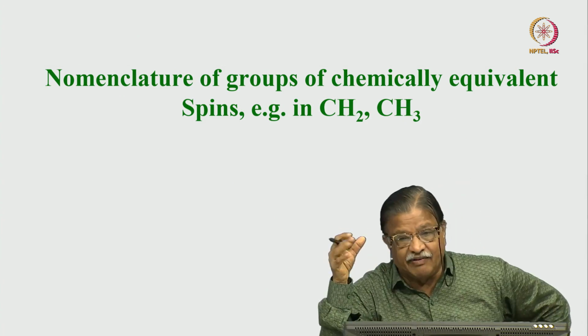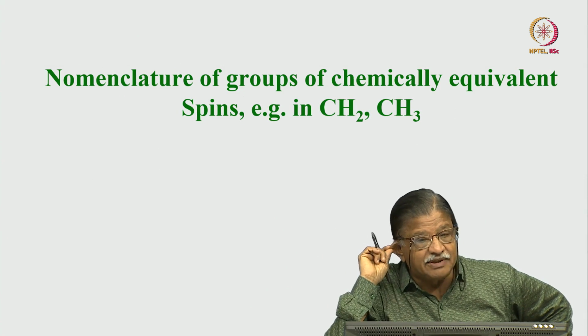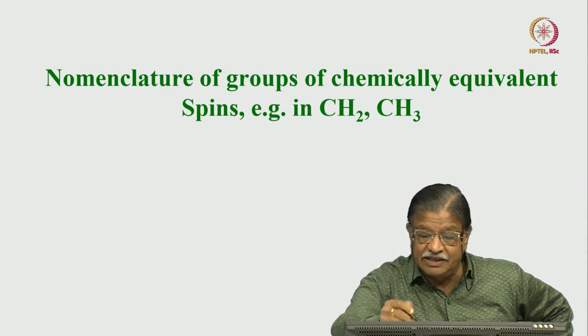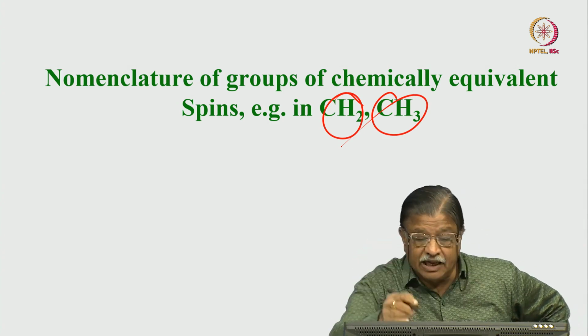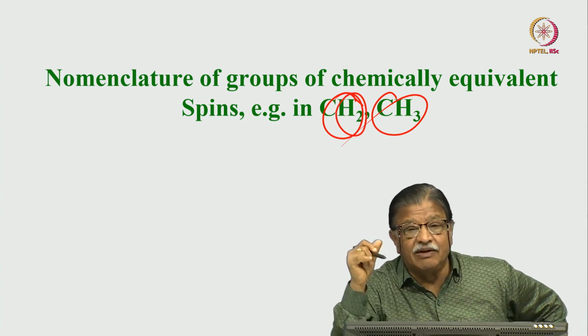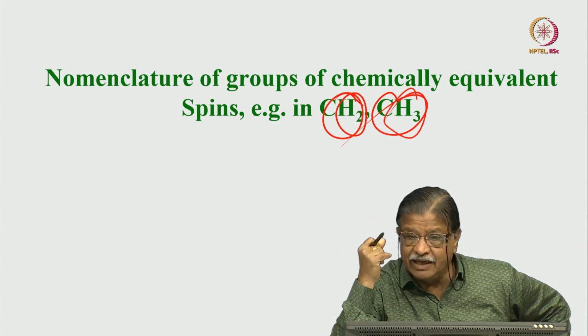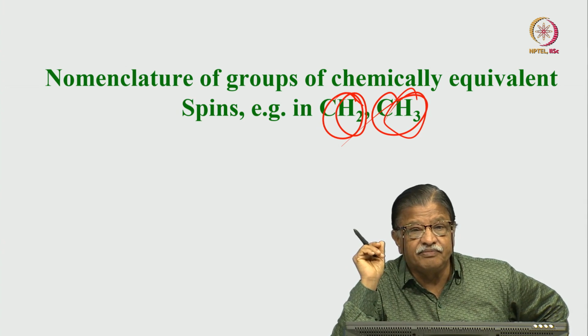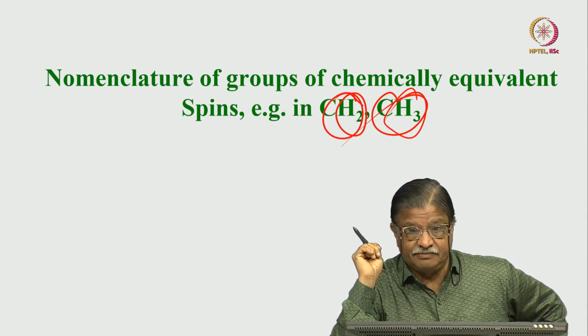Okay, this is as far as the equivalent spins are concerned. What is the nomenclature of chemically equivalent spins when I have groups of spins like CH2 and CH3 groups? In CH2 groups, there are 2 protons which are chemically equivalent, and here 3 protons which are equivalent. They could be chemically equivalent or magnetically equivalent, it does not matter, there are equivalent groups. Then what nomenclature do we have to use in such spin systems?